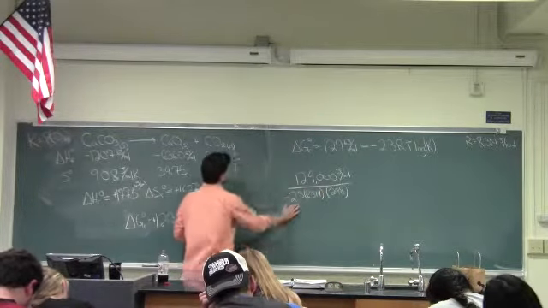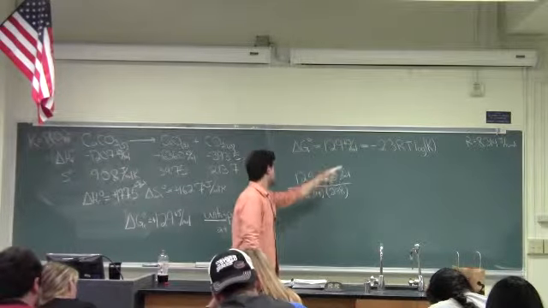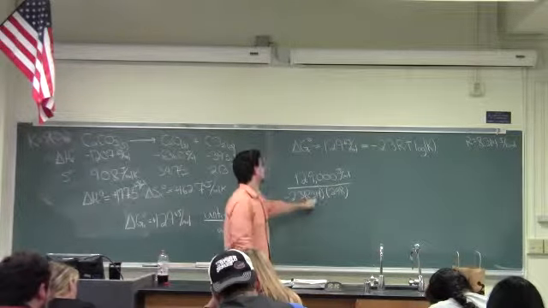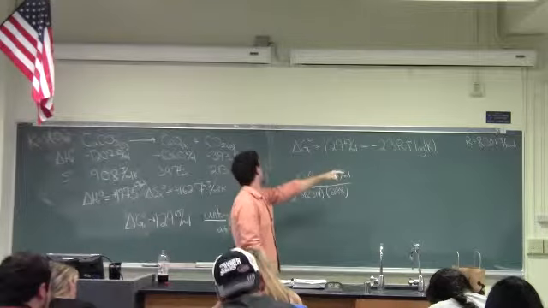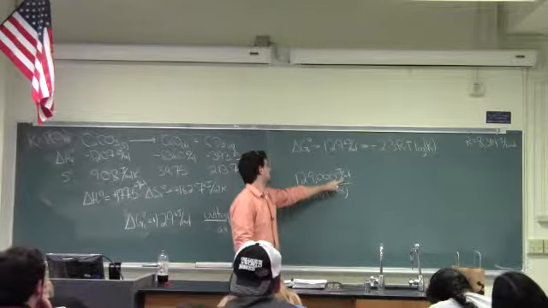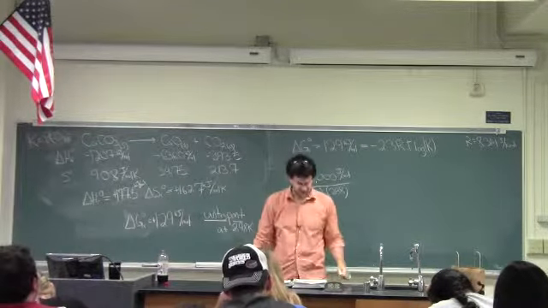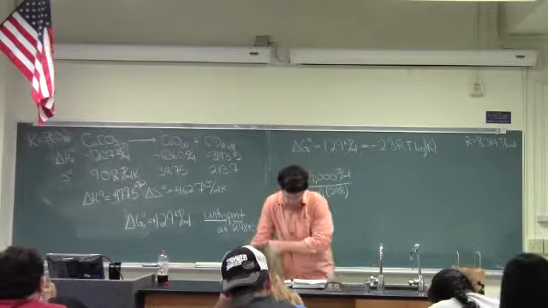So 2.3, this is a hard number that came from ln. 8.314 joules per Kelvin mole, 298 K, joules per mole here. So I know all this stuff is going to work out. All right.